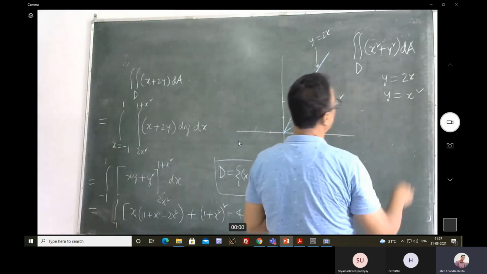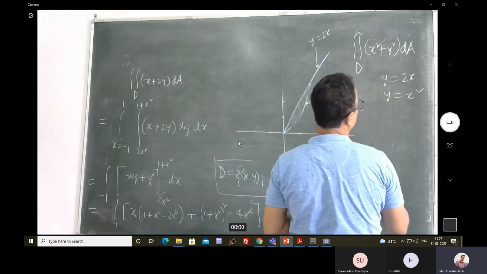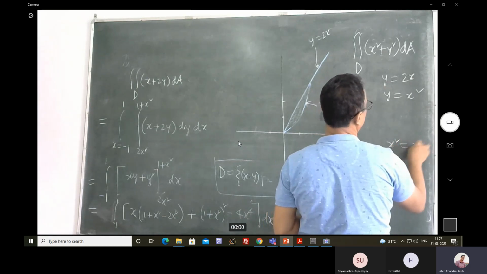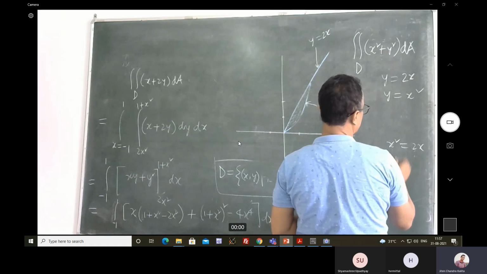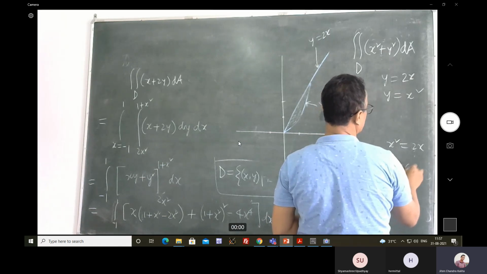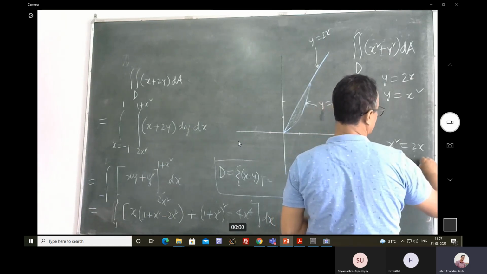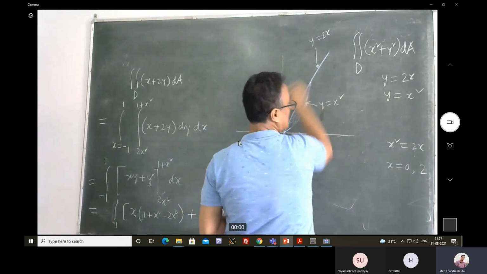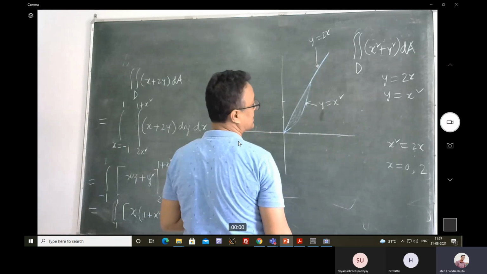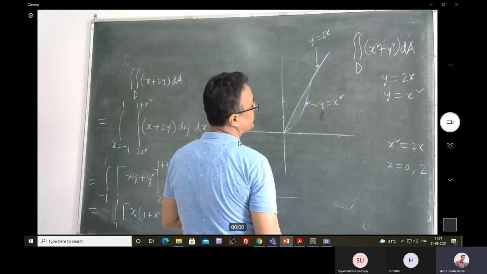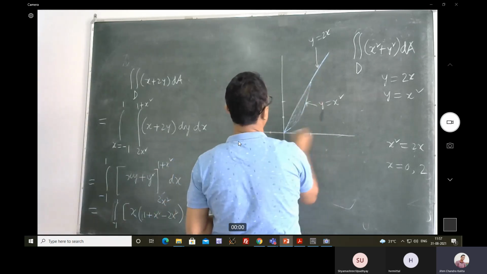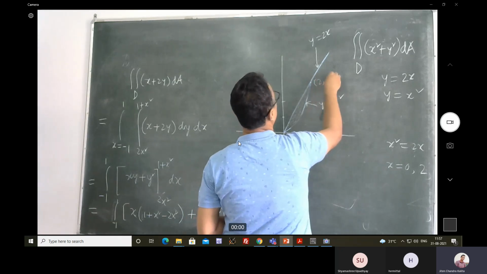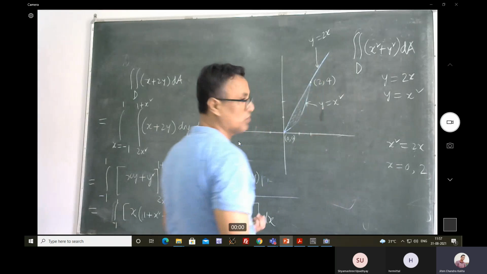If we want to find the points of intersection, equate x squared equal to 2x, and you get x equal to 0 and 2. So one point is 0, 0, and the other is 2, 4.